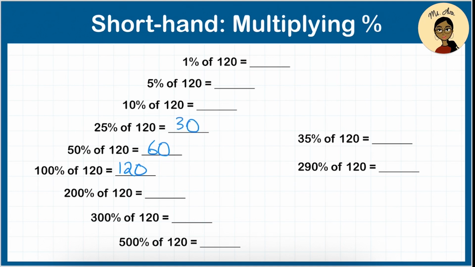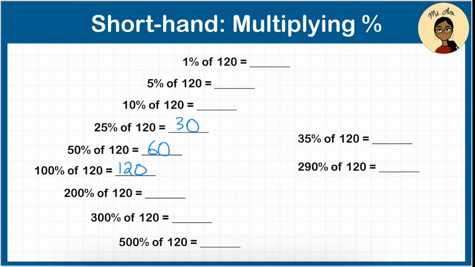Yes, awesome. Then we get to 10% of 120. So I'm guessing, have you just been doing half of each of these? Is that how you've been getting these 3 so far? Yeah. Good, because you know that 50 is half of 100, and 25 is half of 50, and so on.